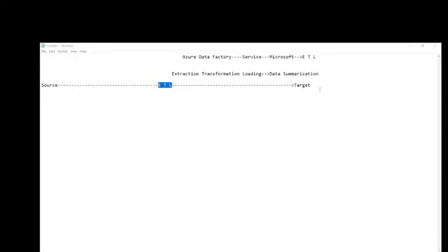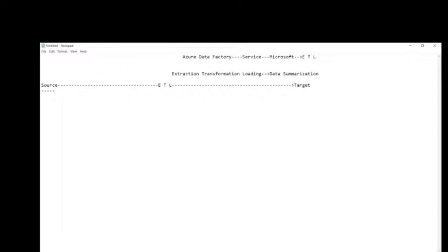Whereas here, can you see source? Source means what? Can somebody tell me what you mean by source? Source is a starting point where actually we can find the information.